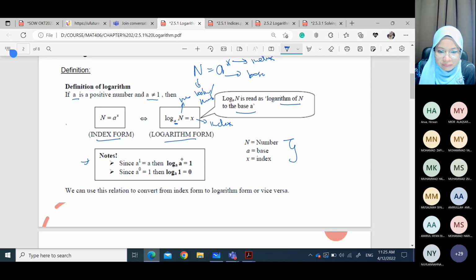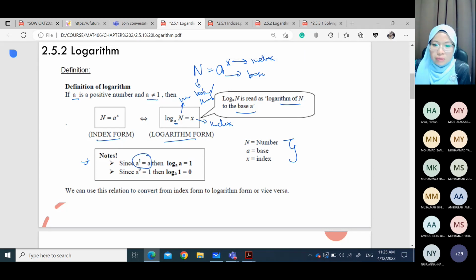So kat sini katakan kita ada a power of 1 equals to a. So kita dah tahu dah ini number power of 1 dan kita akan dapat itself. Jadi dia sendiri. Okay, so bila kita form it into logarithm form, we have log a a equals to 1. So kat sini bila kita ada base yang sama dengan dia punya value, so index dia adalah 1.